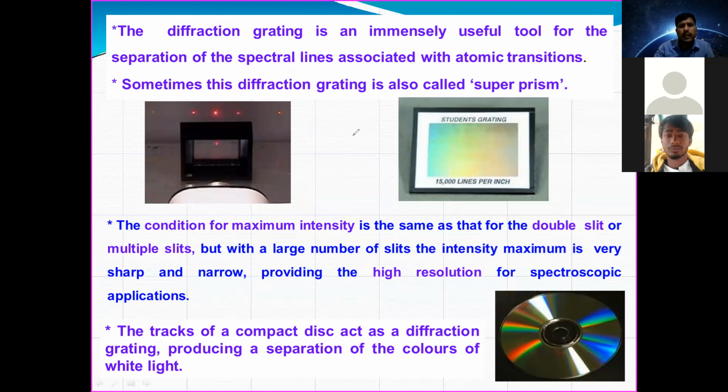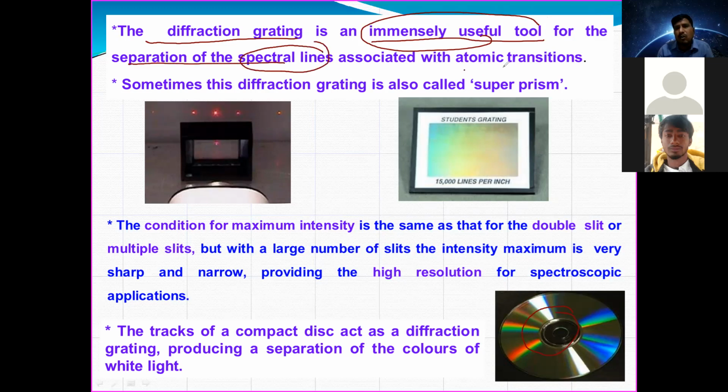You can also use a few more things. You can clearly see here, in the CD there are various colors, right? The diffraction grating is an immensely useful tool for the separation of spectral lines associated with atomic transitions.